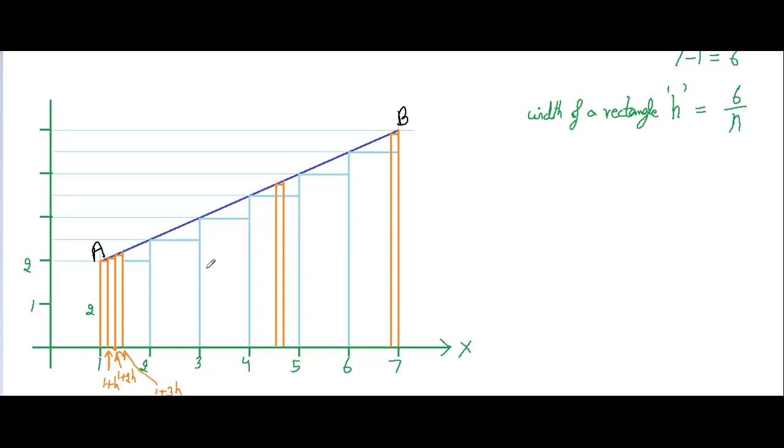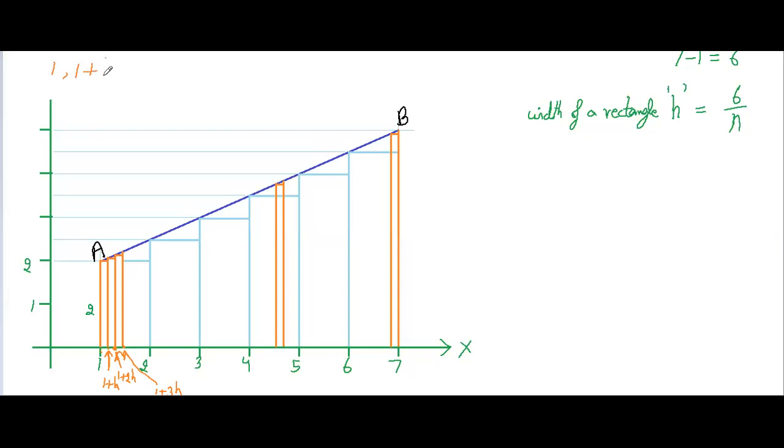Okay. How 2h and 3h? Because from 1, the distance of the first point is h. So 1 plus h. The second point's distance will be 2 rectangles' width, meaning 2h. So 1 plus 2h. Then the third point is 3h distance away from 1. So that is 1 plus 3h. I hope it is clear. Sir, yes.